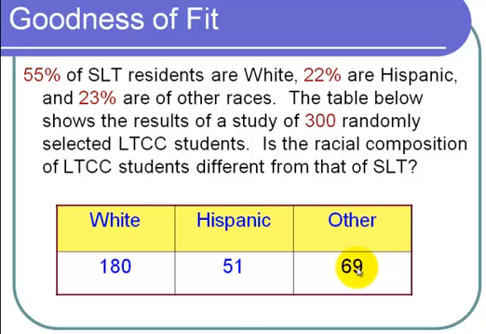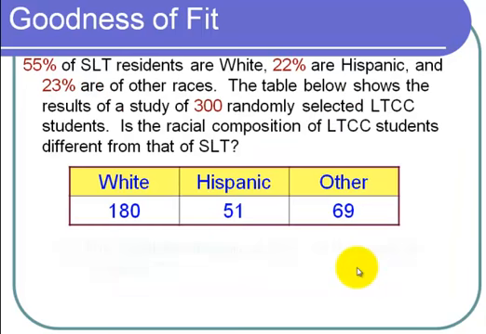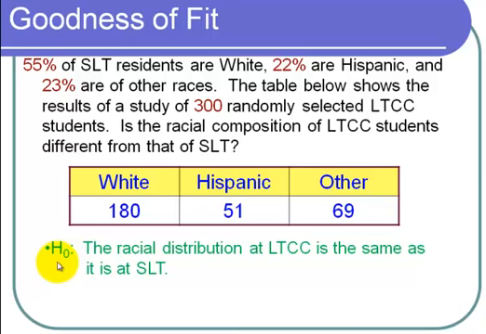So what we're going to do is we are going to first form our null hypothesis and our alternative hypothesis. So the null hypothesis, H naught, is the racial distribution at LTCC is the same as it is in South Lake Tahoe.